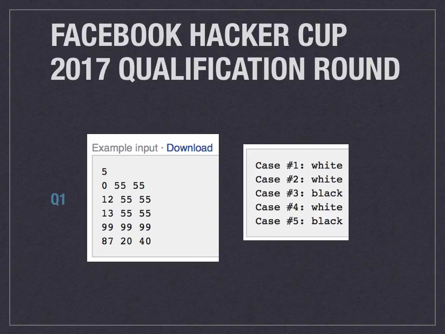The case 1 shows white. What does it mean? That means that the point 55, 55 lies outside of this black pie of 0%. The same case, when it reaches 12%, the point 55, 55 still lies outside of the pie because the pie might be just within the first quadrant.